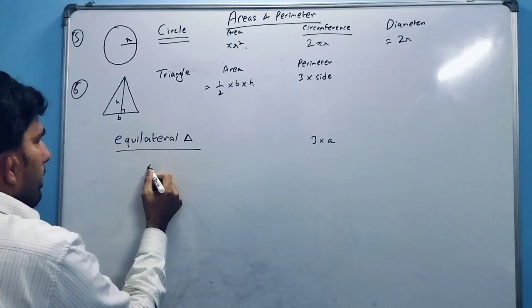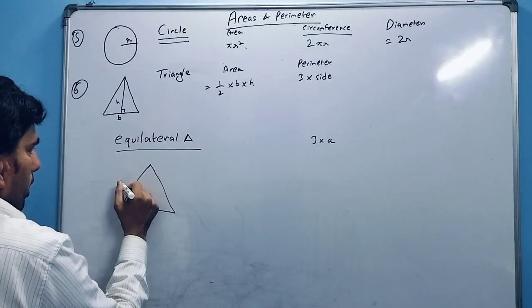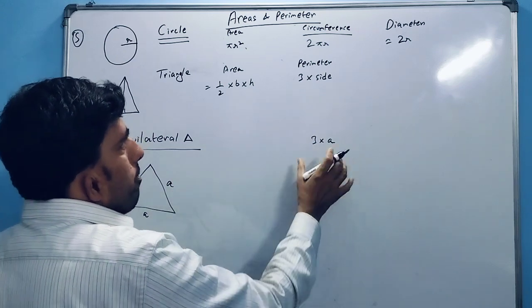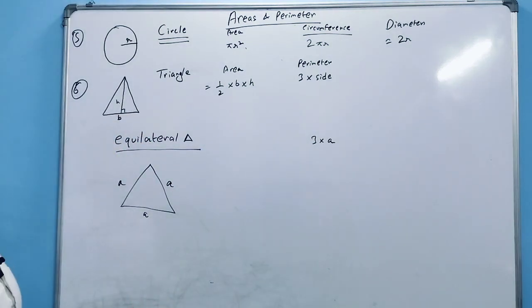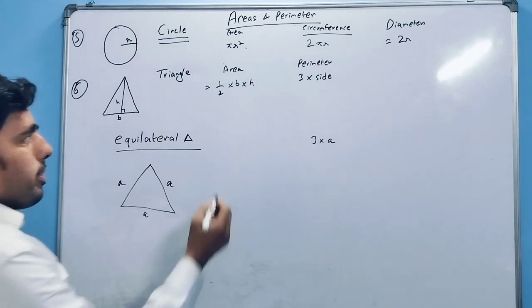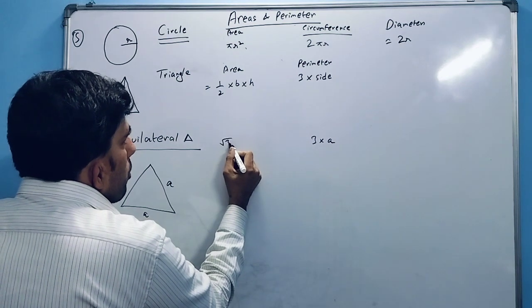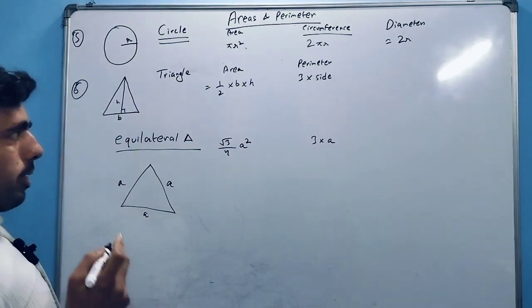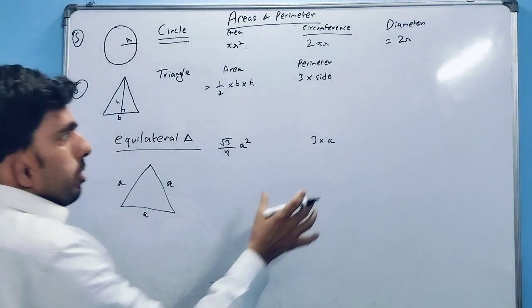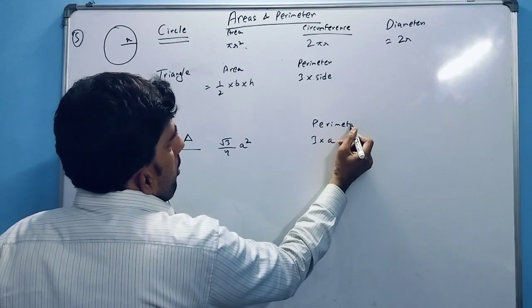And if I need to find its area, the formula is root 3 upon 4 into a square. So that is the area and that is the perimeter of an equilateral triangle.